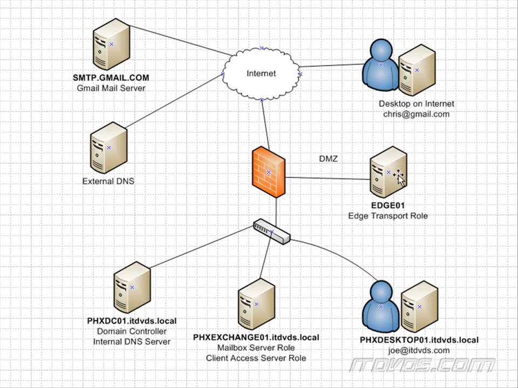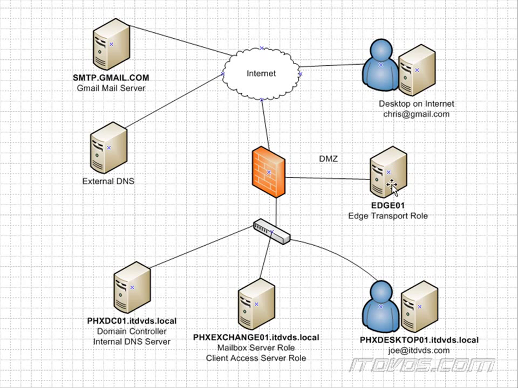So it gets it, takes a look at it. Does it have any viruses? Is it spam? No, looks good. So I know to send it to PHX Exchange 01. And there are a couple of different ways that Edge 01 knows the IP address of PHX Exchange 01. We can create a subscription, as we'll see in a later training, which will be the Exchange 2013 with Service Pack 1 Training Intermediate to Advanced, exactly how we configure our edge transport server.